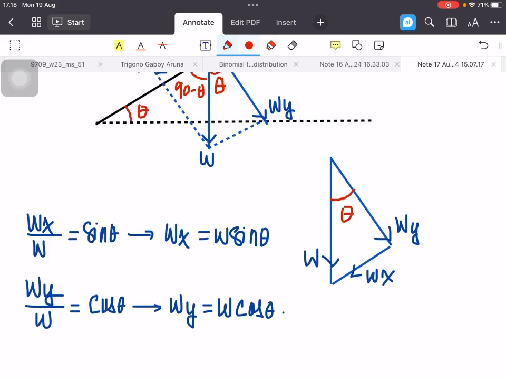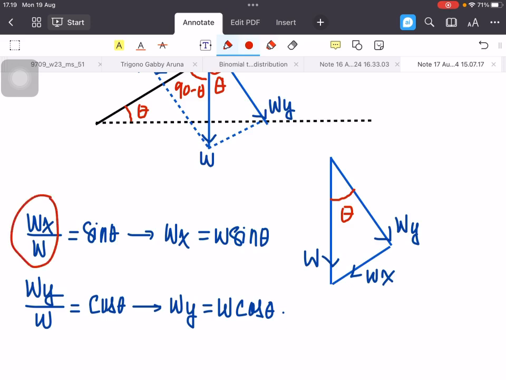We redraw the diagram into this right angled triangle to make the relation between Wx and Wy clearer. So it's obvious from this diagram that Wx now becomes the opposite side.